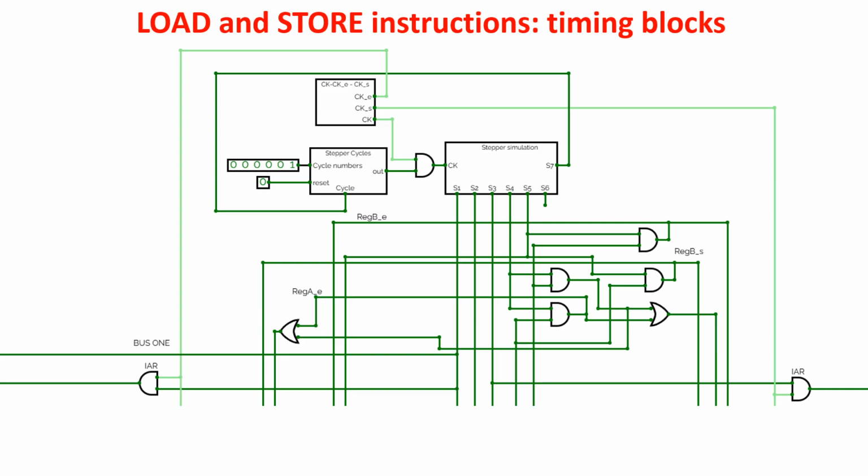Moreover, I introduce a block called stepper cycle to decide how many stepper cycles we want to run. In this way, I can stop the simulation and see the result of a single instruction. Scott CPU operates an instruction per stepper cycle, so an instruction per 6 clock cycles. Of course, it is very inefficient, but Scott CPU has been created for educational purposes.